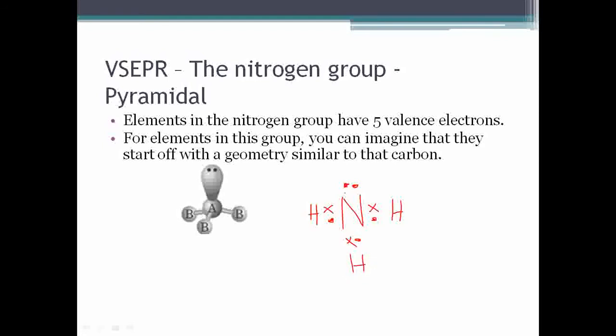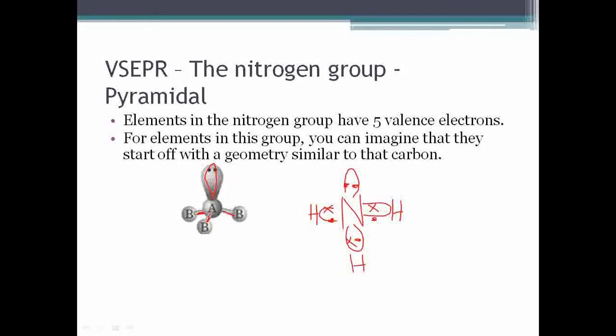So we've still got 4 sets of orbitals here that want to repel one another. There's one bonding set, another bonding set, another bonding set, and there's our non-bonding set. But it still forms a trigonal coplanar structure, at least in the first instance. You can think of it that way.